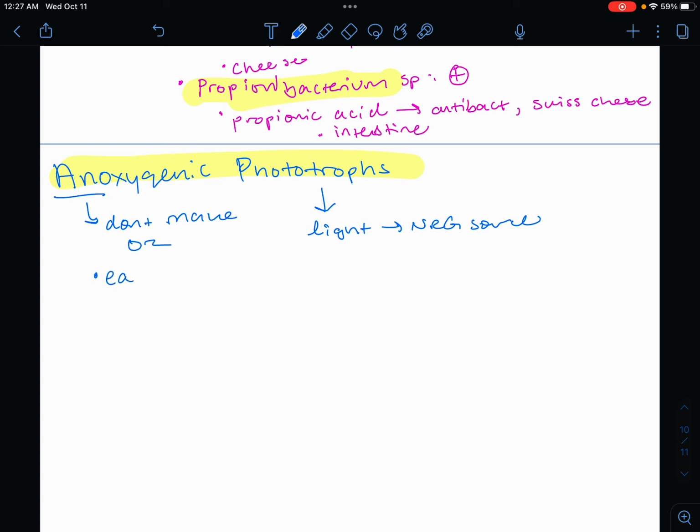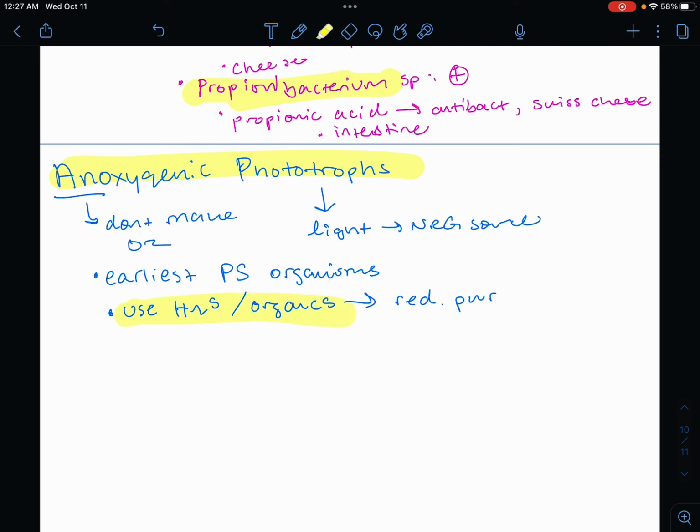These are some of the earliest photosynthetic organisms. They use hydrogen sulfide or organics for reducing power. Remember, we were talking about all those reducing power molecules in the metabolism slides, so those are really interesting. They're found, of course, in lakes, bogs, mud.